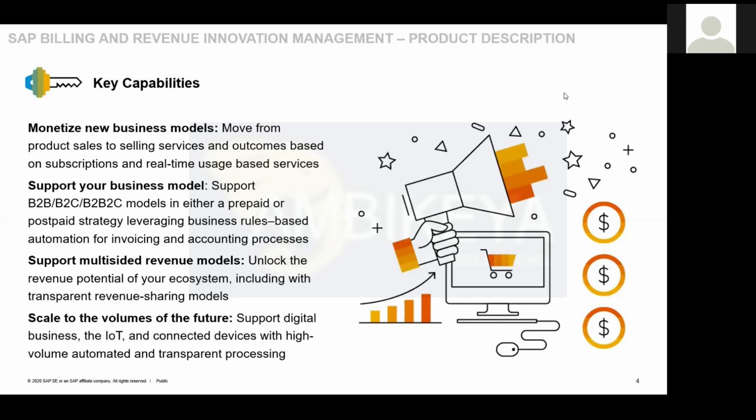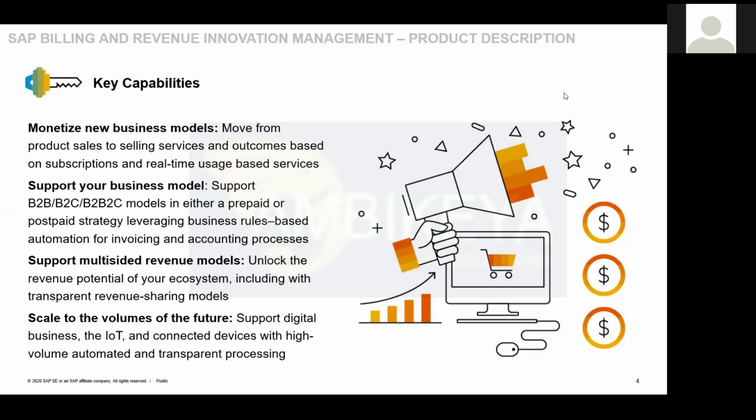We support here different industry approaches. We have a B2B approach, we have a B2C approach, and a B2B2C approach. Because the difference is if you have B2B, you have a high volume, but you don't have a lot of business partners on place. But with a B2B approach, you have a more complex design of processes, for example, like discount processes or master agreements.